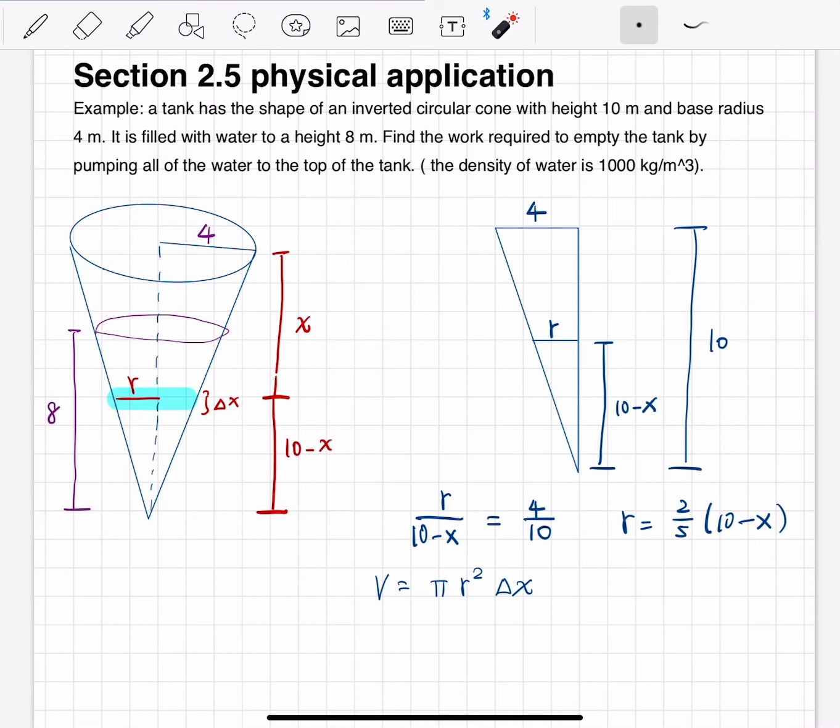Again, this is a circular cylinder shape, so we're using pi r squared for the circle area. Plugging in r, we get 4 pi over 25 times 10 minus x squared delta x. And this is the volume.